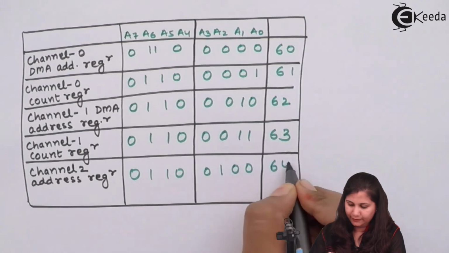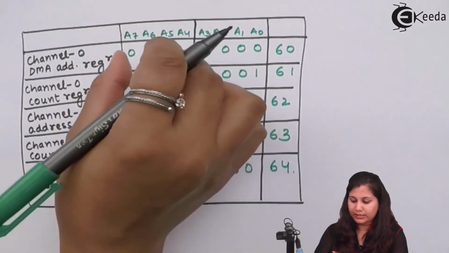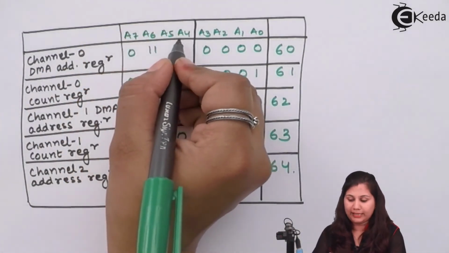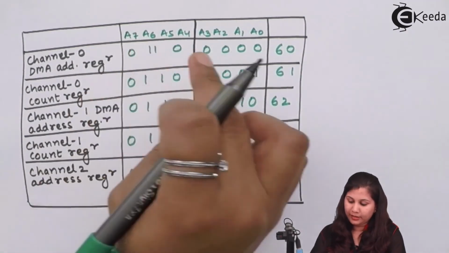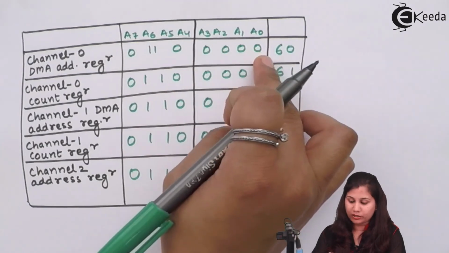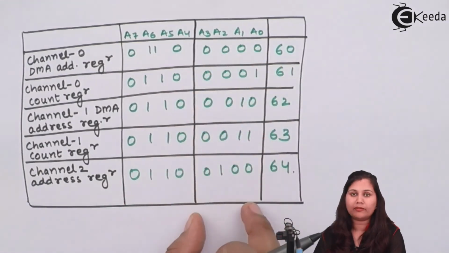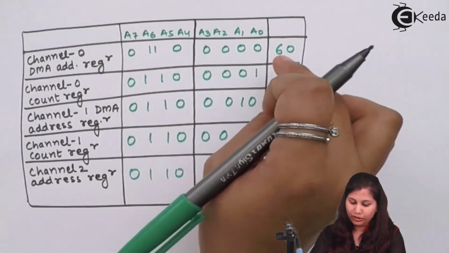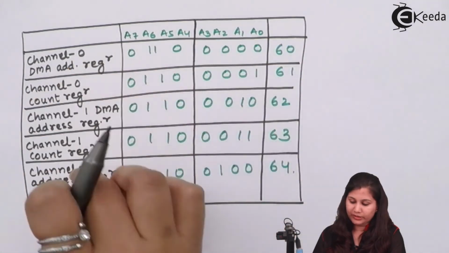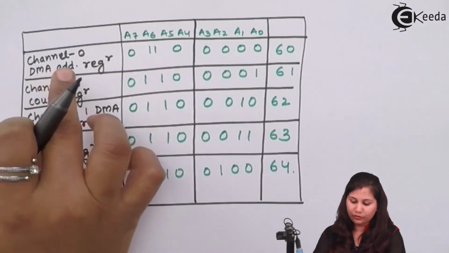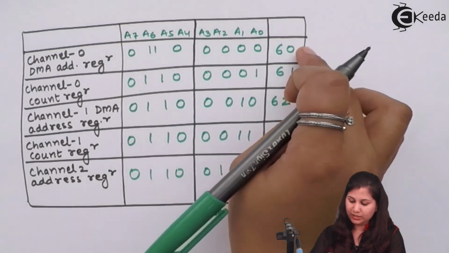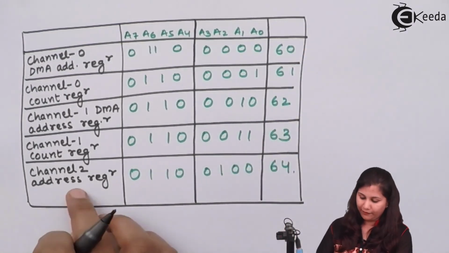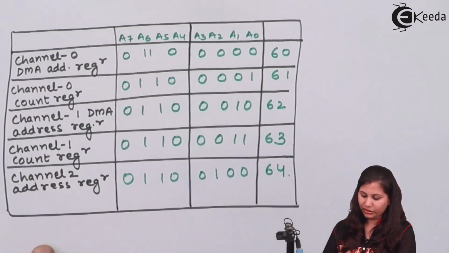So it is 64. So the A7 to A4 lines have the fixed logic 0, 1, 1, 0 and the A3 to A0, these 4 bits, their values keep changing. So the addresses of all the registers for channel 0 up to channel 3 are from 60 to 68.